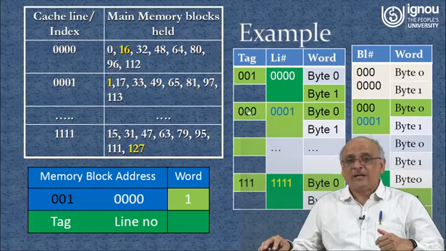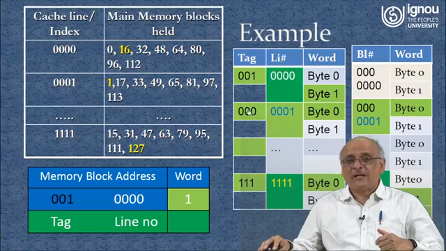Now in this particular case, this is the one which we have mapped here, and the collision of this memory location could be with this particular memory location. Now, if we are referring to byte 0 of 111111, it can be found at the line number 1111.